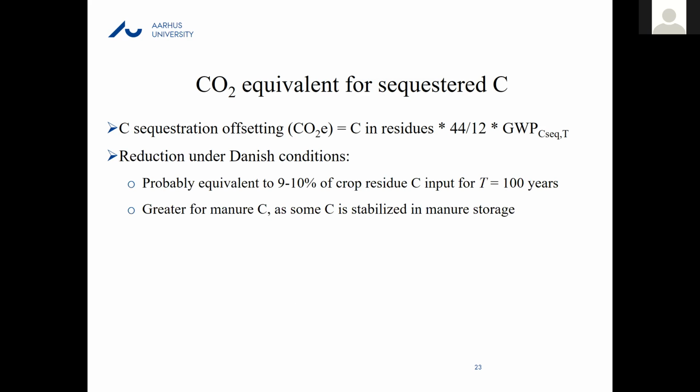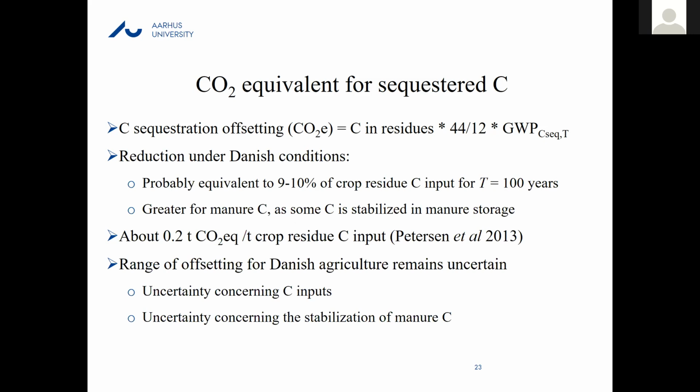Under Danish conditions, this is equivalent to around 9 to 10% of the crop residue carbon input when using a time horizon of 100 years. It will be greater for manure carbon as some of the carbon is stabilized in manure storage. Petersen et al. estimated the value to be approximately 0.2 tons of CO2 equivalent per ton of crop residue carbon input.